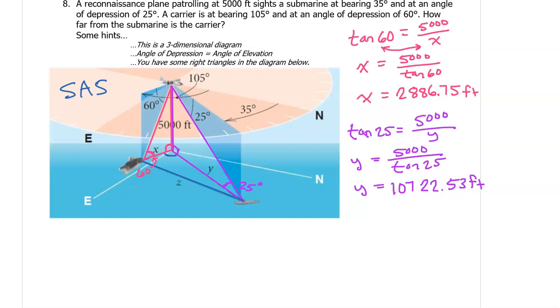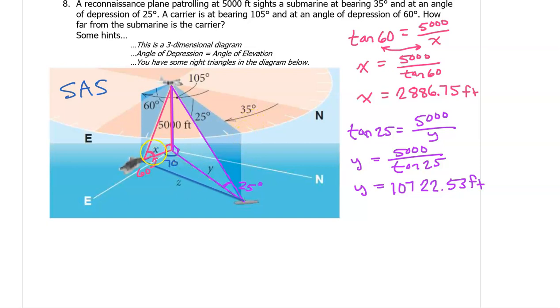So the angle between the two is going to be the difference between those two numbers. So down here on the water, the angle between the carrier and the submarine is going to be 70 degrees, all right? It's 105 degrees minus the 35 degrees.